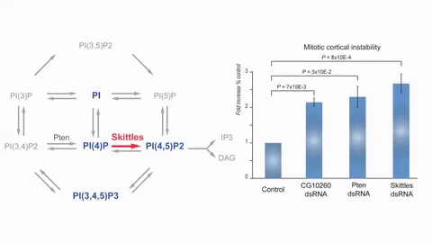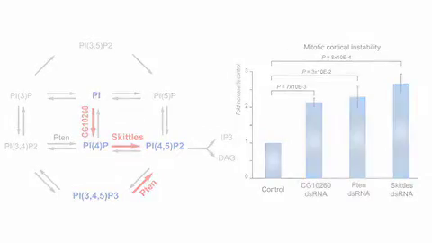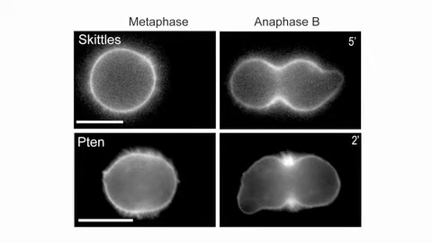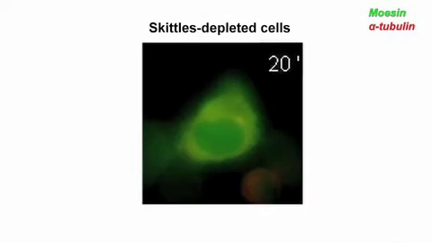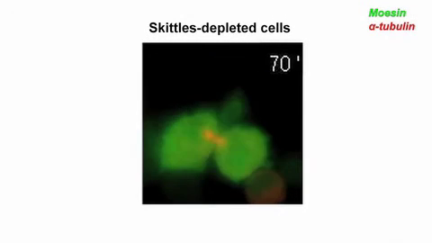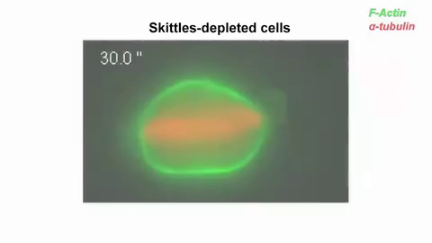A PI4-5 kinase Skittles, the well-known PTEN phosphatase that makes PIP2 out of PIP3, and a PI4 kinase that we study in the paper. Skittles and PTEN both accumulated at the cell equator in anaphase, where they contribute to PIP2 production. Moesin was lost from the mitotic cell cortex in the absence of Skittles, resulting in excess polar blebbing.